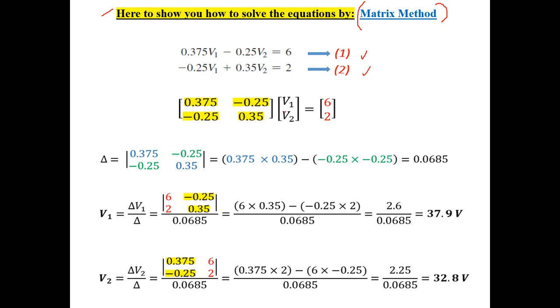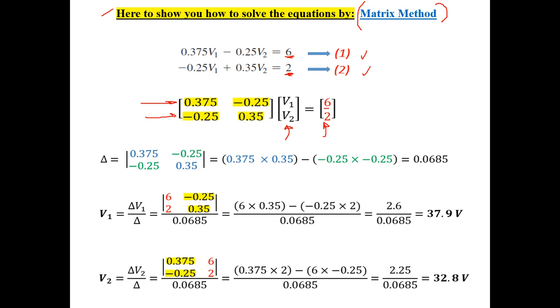In matrix number 2, just put your unknown parameters that you need to find, which is V1 and V2. For the third matrix, put the constant number from equation number 1, which is 6, and the second constant number from equation number 2 is 2.